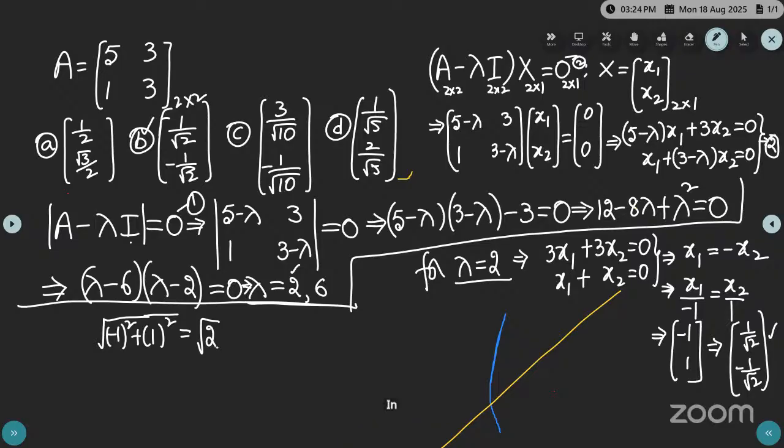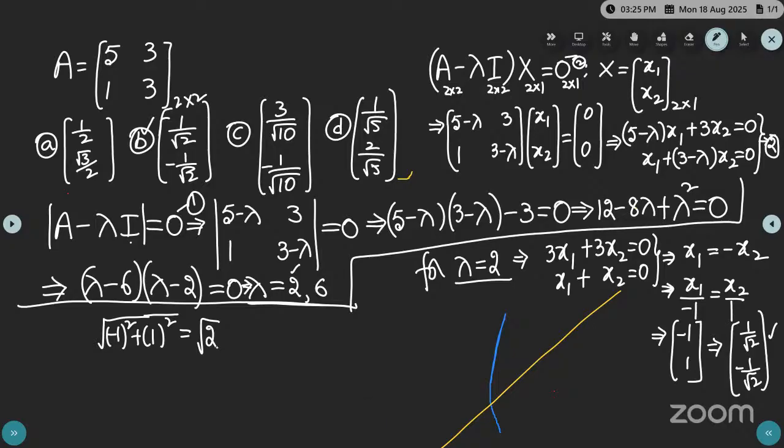In order to get the normalized eigenvector corresponding to the given eigenvector, we have to divide the elements in the eigenvector with the square root of minus 1 square plus 1 square.